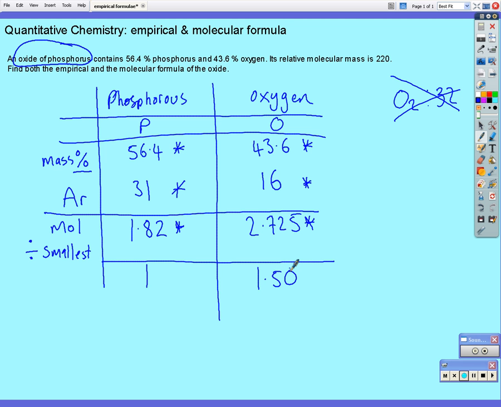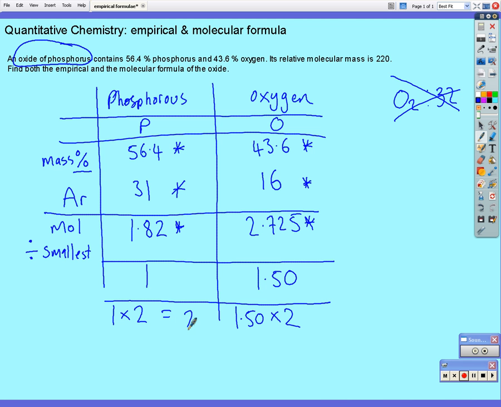Now, when we get to something like this, we do not say that 1.50 rounds up to 2. It's a long way away, okay? If it was 1.98, that's nearly 2. If it was 1.1, that's nearly 1. But if it's close to a half or a quarter, we're going to find the whole number ratio. And if we multiply both of these numbers, if we multiply 1 by 2, and 1.50 by 2, we end up with whole numbers.